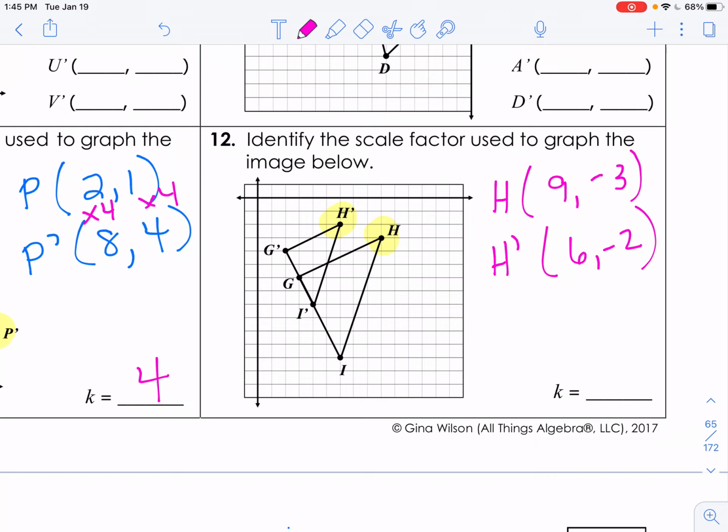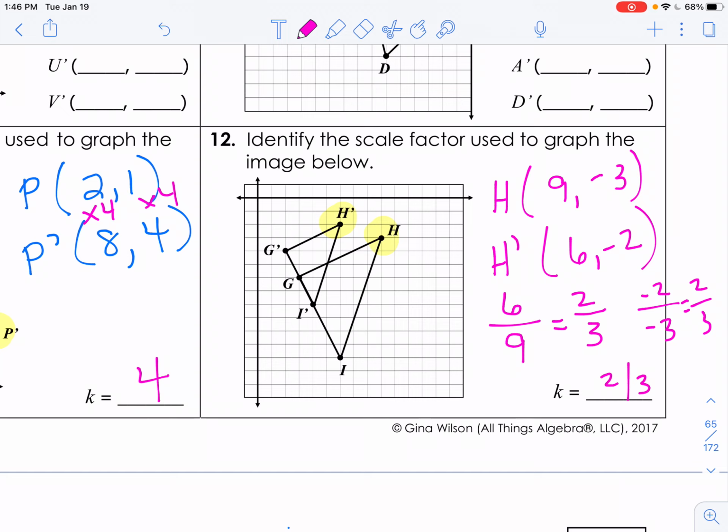So if I take 6 and divide it by 9, I see that's a fraction and can be reduced to 2/3. If I take -2 and divide it by -3, I still get 2/3. So my scale factor is 2/3.